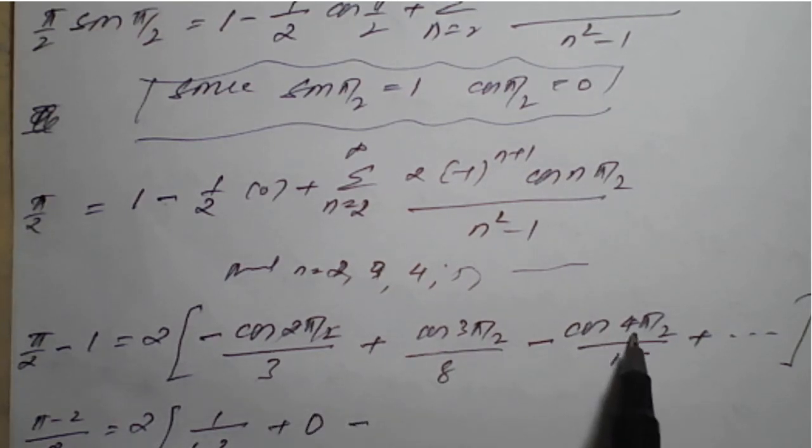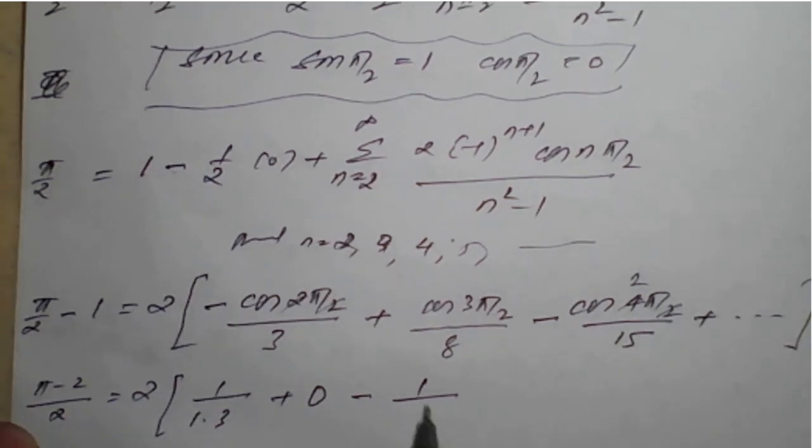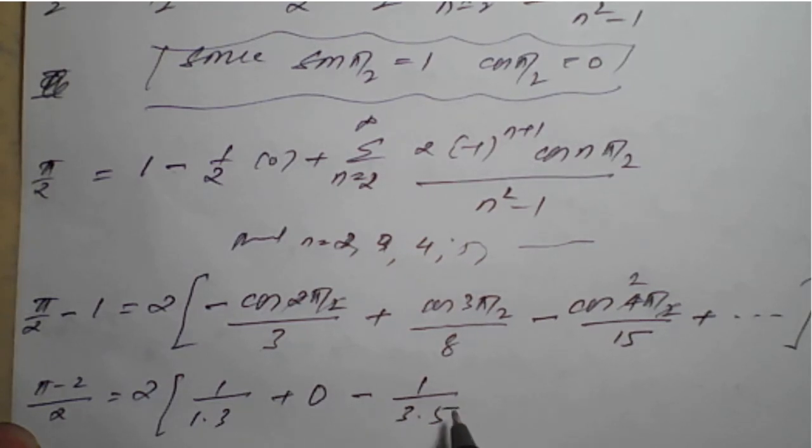Minus, then cos 2 pi is 1, so 1 divided by 15 can be written as 3 into 5.